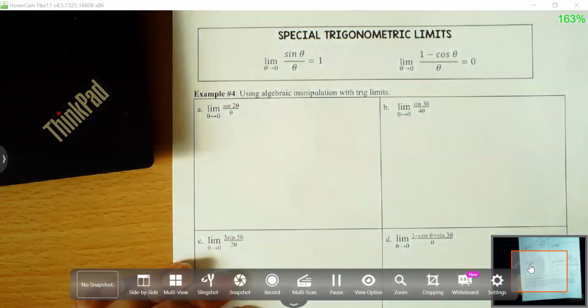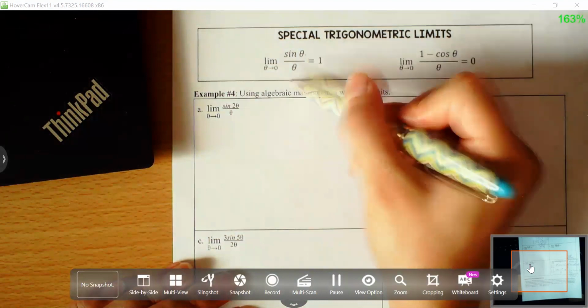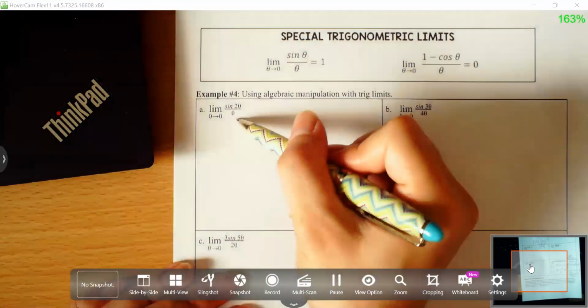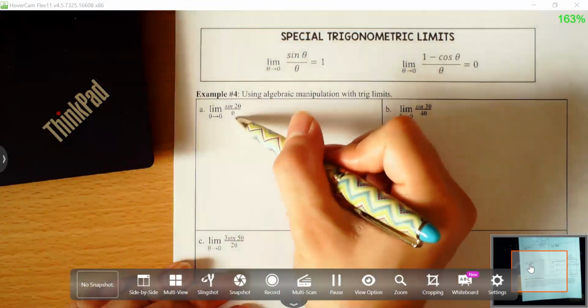Okay. So what am I going to do here? Well, I know that if this angle and this angle are the same, sine theta over theta is equal to 1. I don't have that here. I have sine 2 theta, and the bottom is theta.